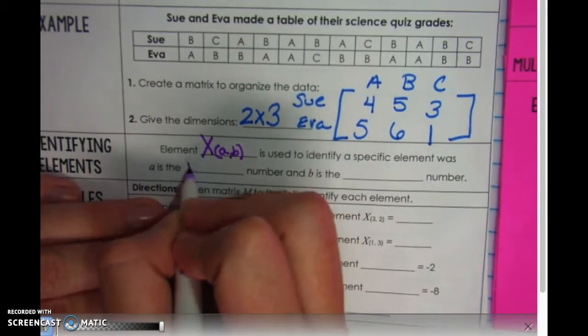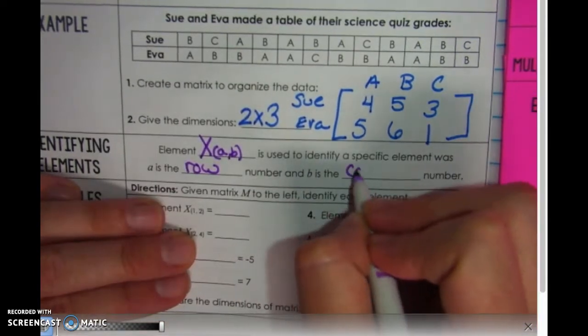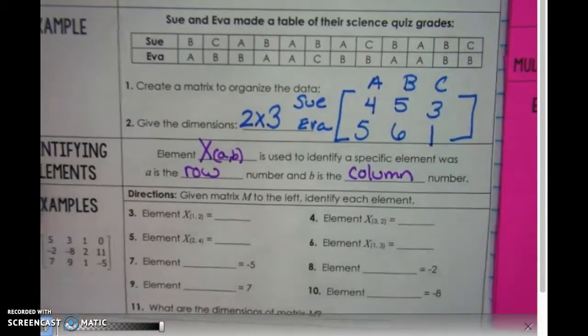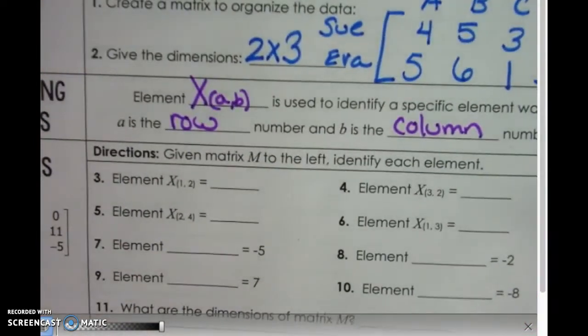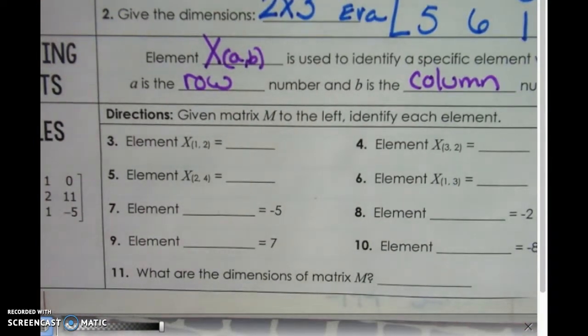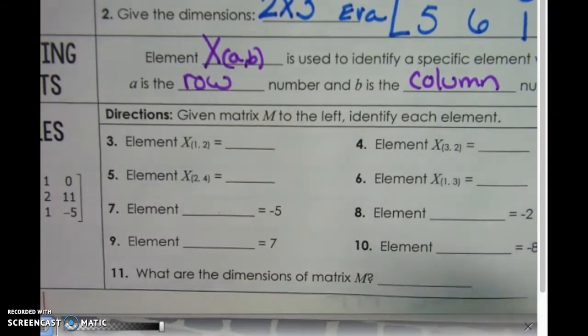A stands for the row. B stands for the column. The X just stands for the word element. I don't know why no one called me and asked me to pick a letter. I would have picked E for element.